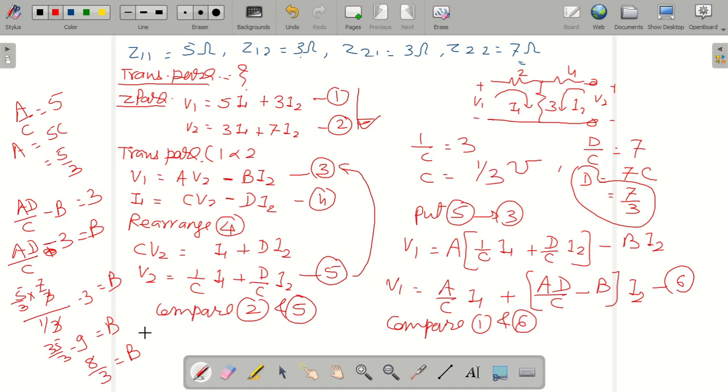B equal to what? I am getting C equal to 1 by 3, D equal to 7 by 3, A equal to 5 by 3, and B equal to, I'm confused, B equal to what?